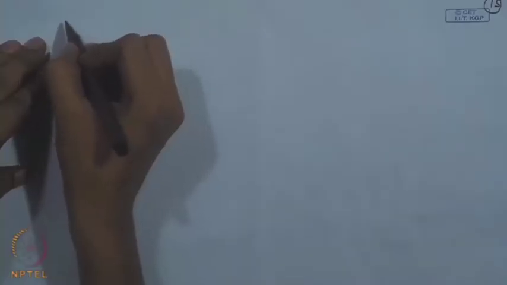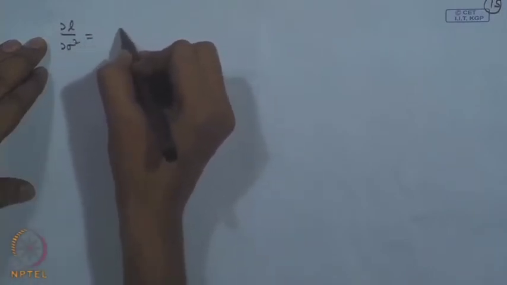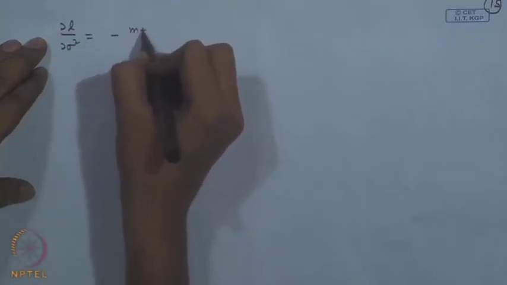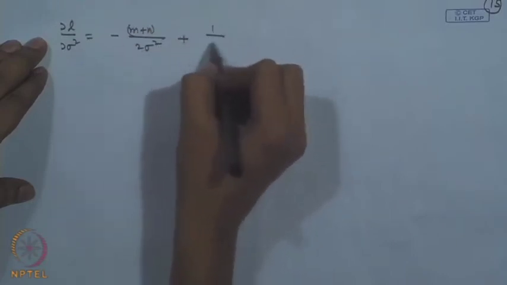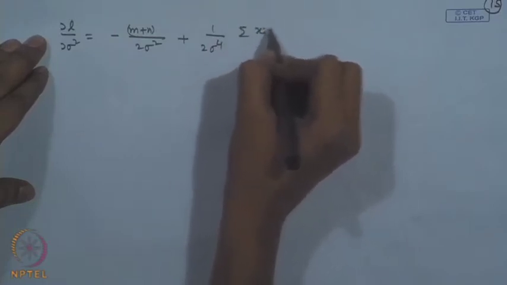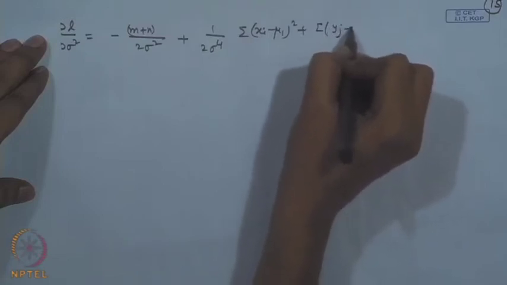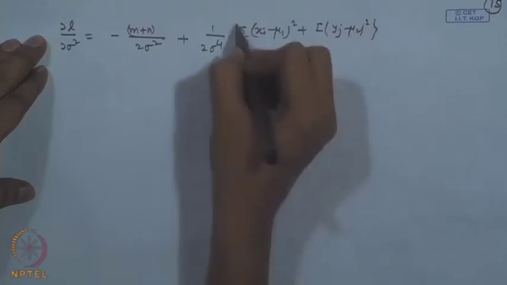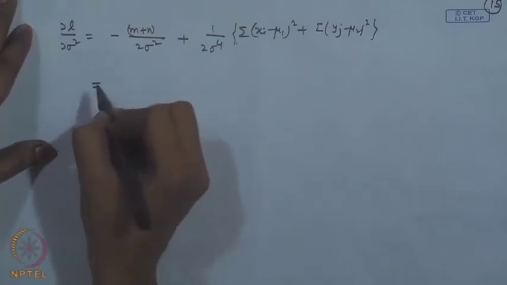Let us also consider the maximization with respect to sigma square. So, we get minus (m plus n) by 2 sigma square plus 1 by 2 sigma to the power 4 times the sum of (xi minus mu1) square plus the sum of (yj minus mu2) square.